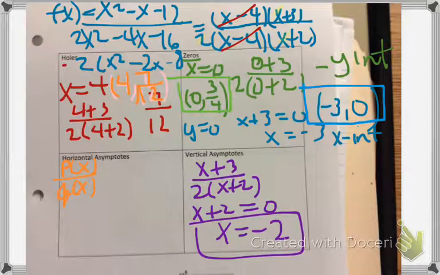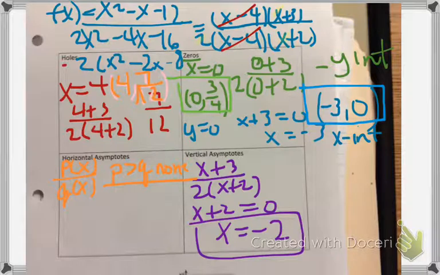If the degree of P of X is greater than the degree of Q, there will be no horizontal asymptote. None.